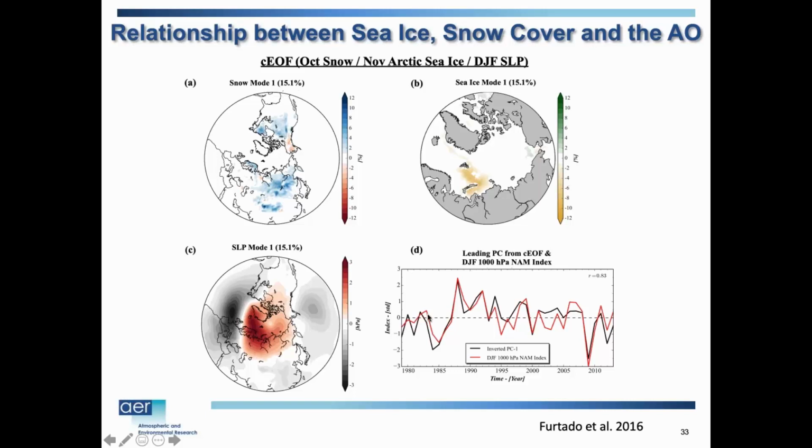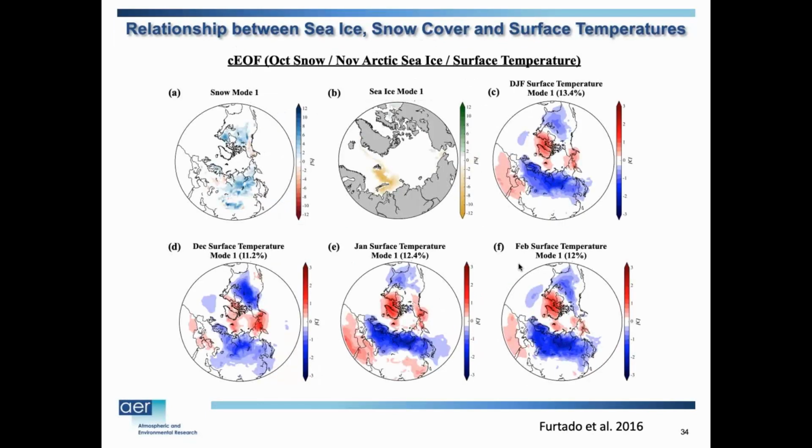And if you're looking at the time series of this multivariate EOF, a very high, strong correlation with the Arctic Oscillation Index. So again, it does seem that high snow cover, low sea ice favors this negative AO. Low snow cover, high sea ice would favor a positive AO.